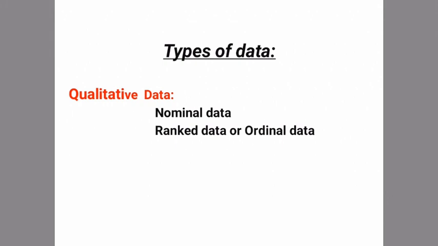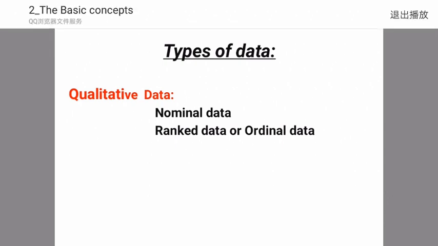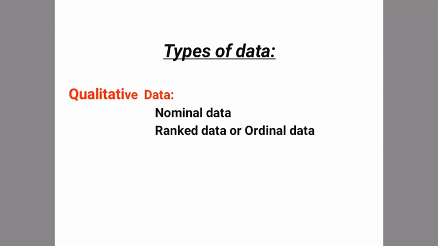That is qualitative data. Nominal data can have two or more categories, but ordinal data must have more than two categories, three or more, and those different categories are ranked in some way.